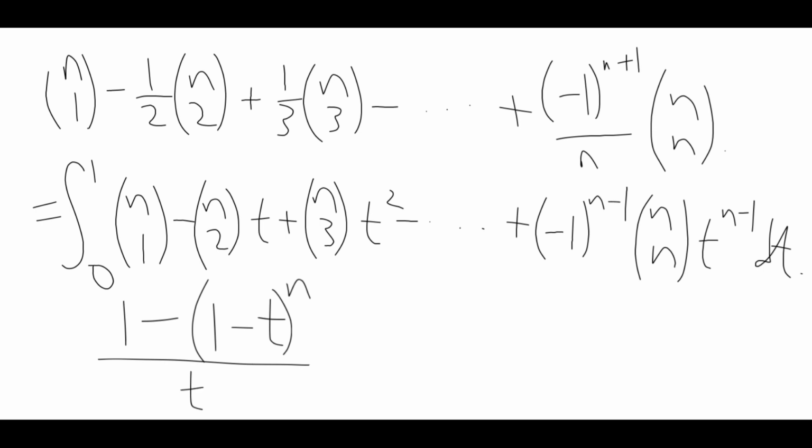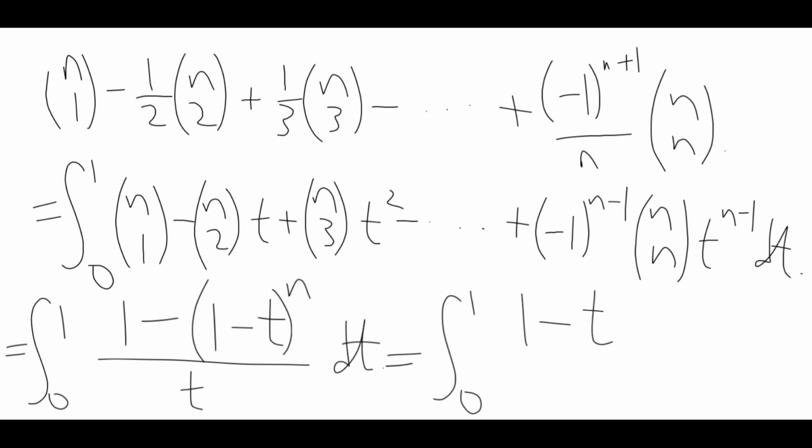So what I actually have is this. This is the thing I'm integrating. Now, that looks bad, but we're going to use the symmetry argument again. So I can just replace t with 1 minus t, and then the numerator becomes 1 minus t to the n, and the denominator of t becomes 1 minus t.